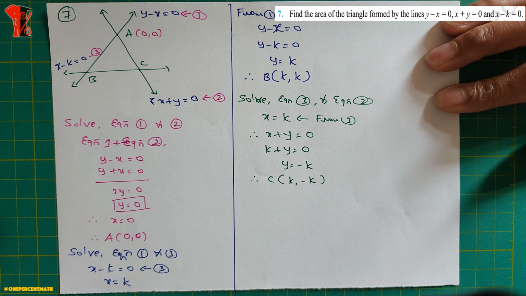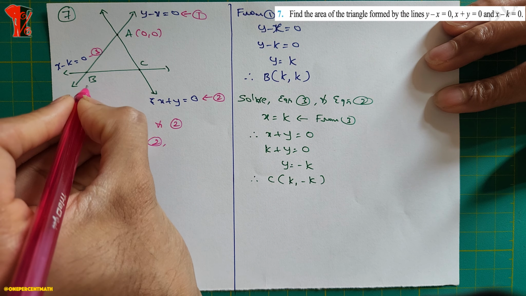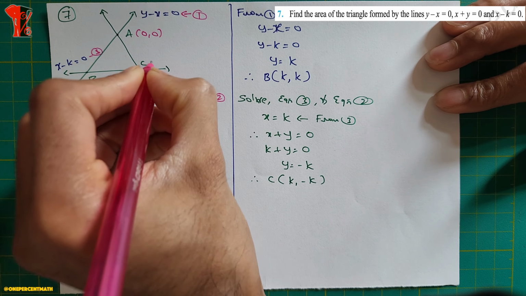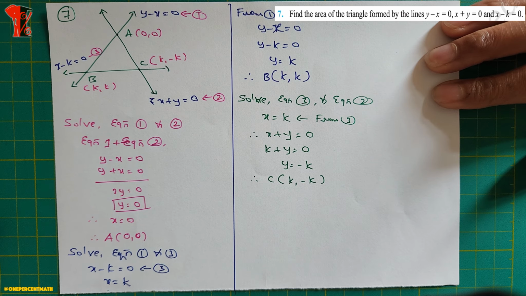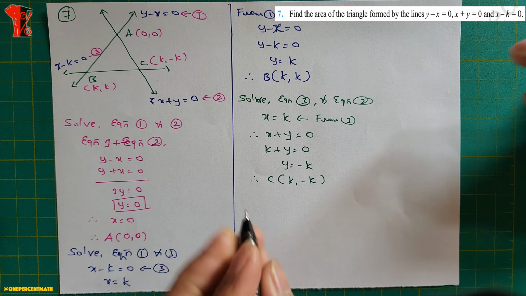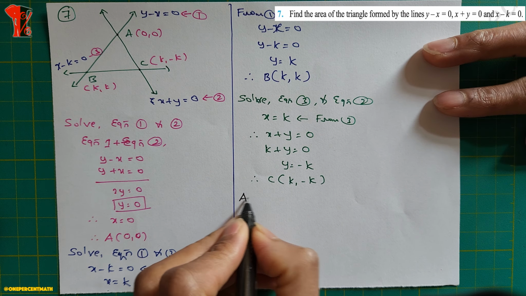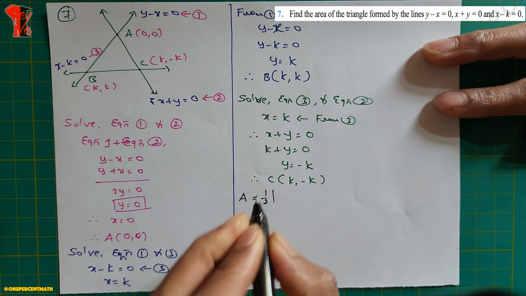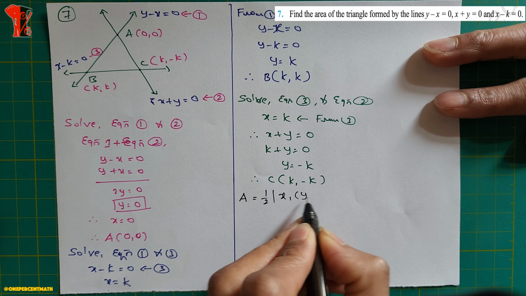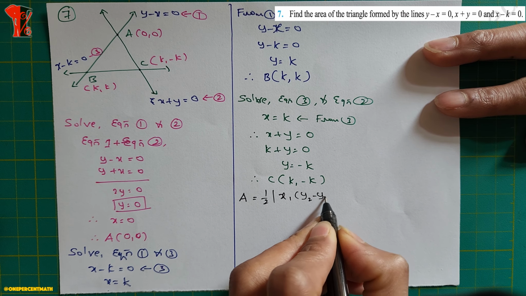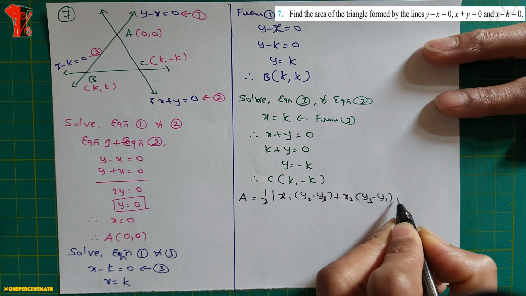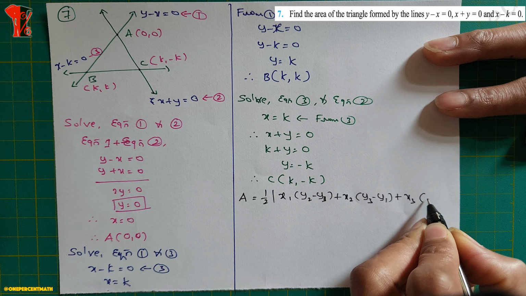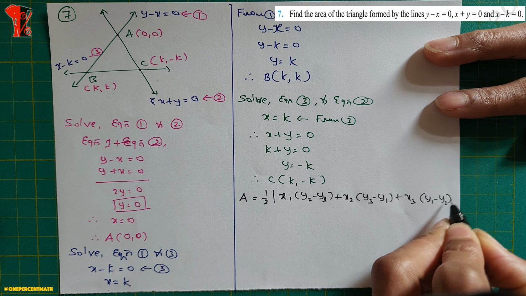So let me write those points over here. The coordinates of B are k comma k, and the coordinates of C are k comma minus k. So we got the coordinates of all the 3 points. Now we can use the area of a triangle formula. The area of a triangle is given by 1 by 2 into modulus of x1 into y2 minus y3 plus x2 into y3 minus y1 plus x3 into y1 minus y2, and close the modulus.